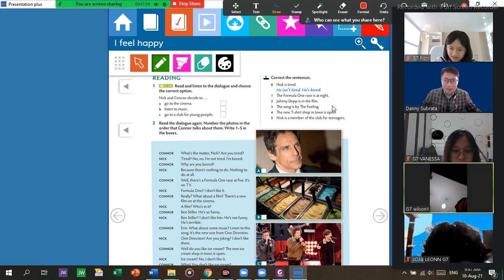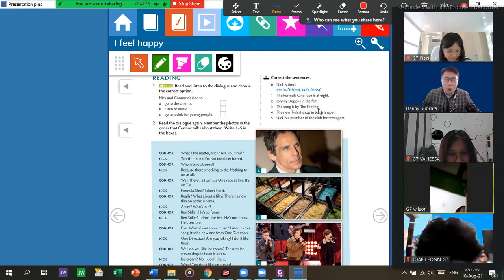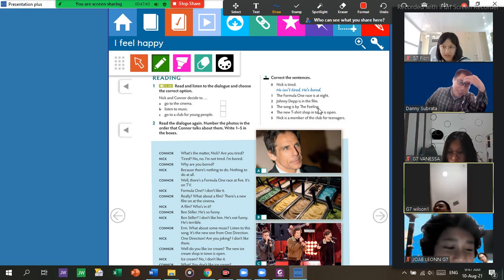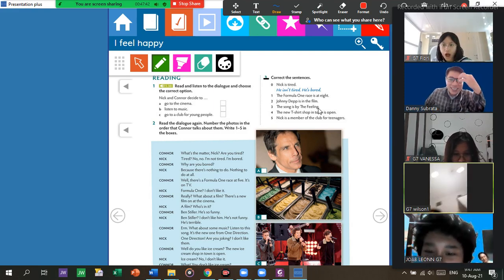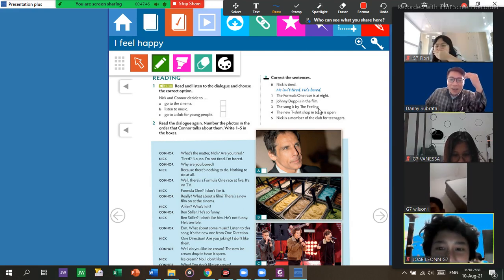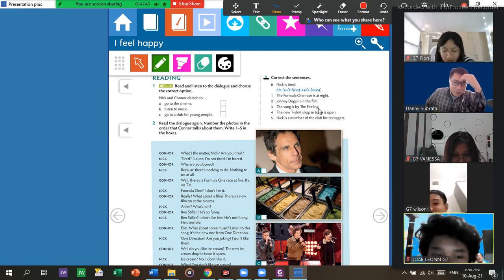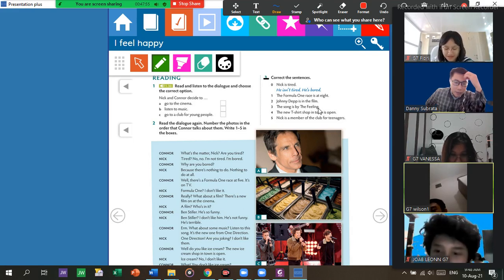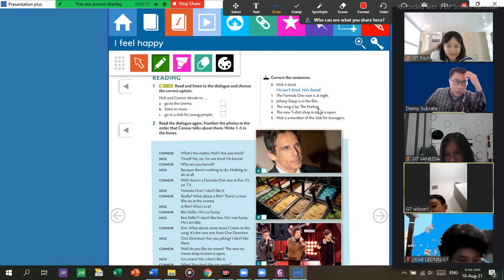Page 24. Oh my goodness, where were you? Dude. Oh my god. It turns out there's still page 23. Okay, come on. Number 2 on the third part, on the correct the sentences. Number 2 is Johnny Depp is in the film. It's not true.